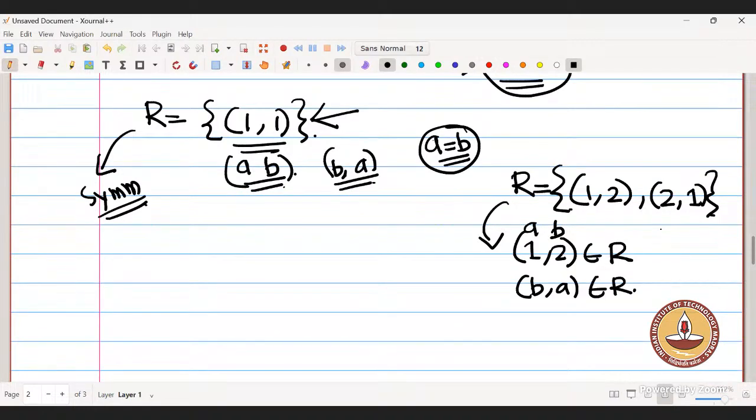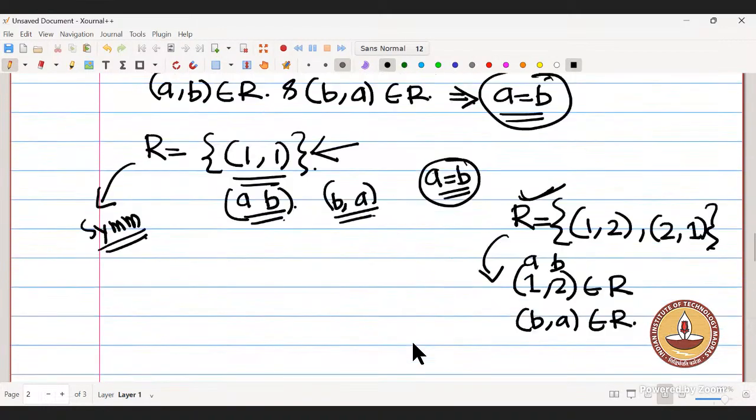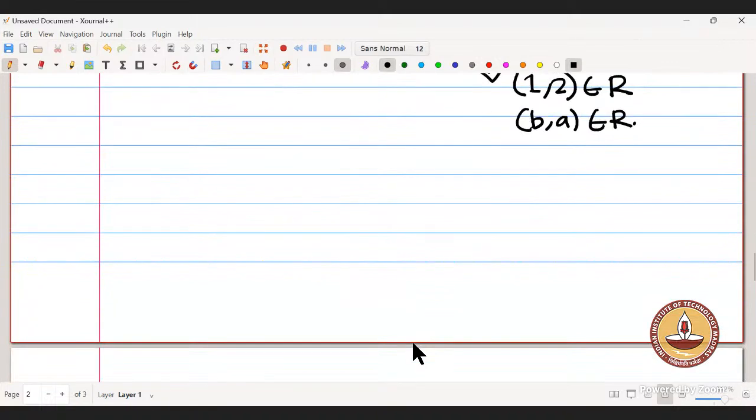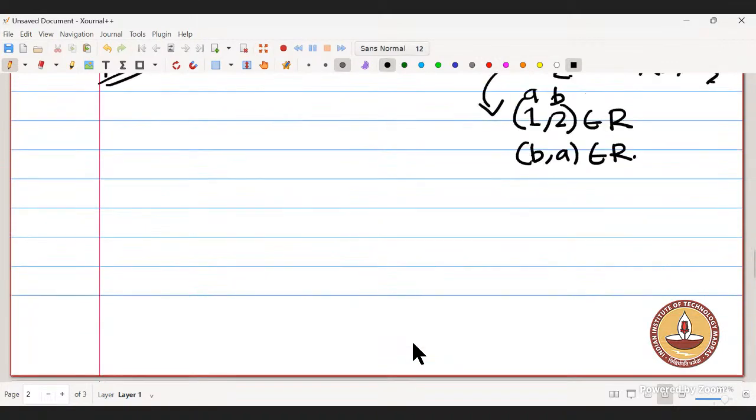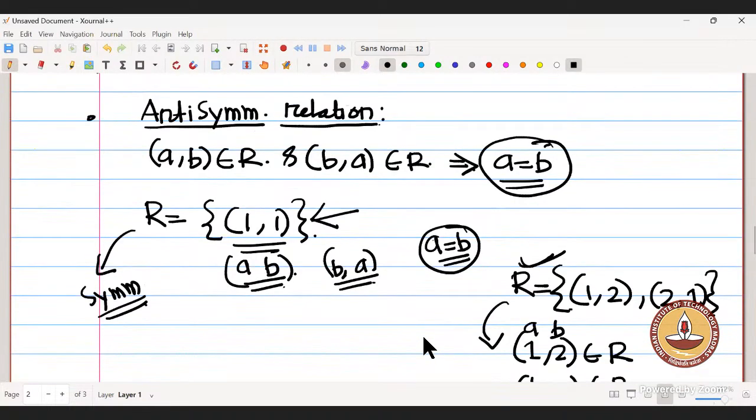So this is not an anti-symmetric relation, whereas it is a symmetric relation. So there is a slight difference between anti-symmetric and symmetric relations. Any doubt so far? No, sir, this is a little confusing. Can you please repeat symmetry and anti-symmetry once again?